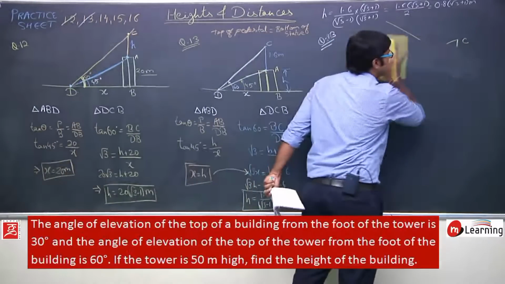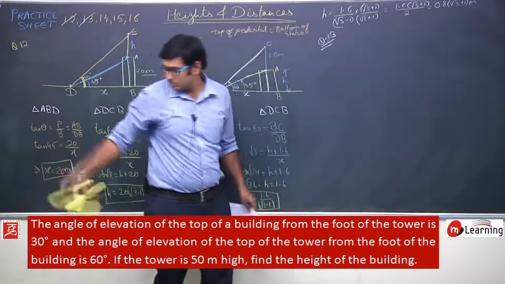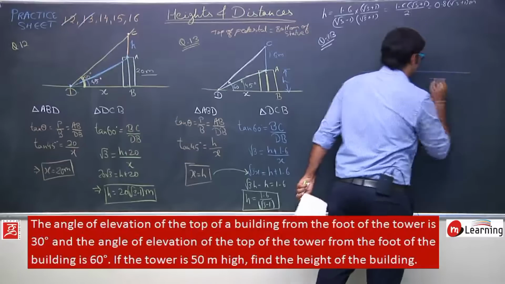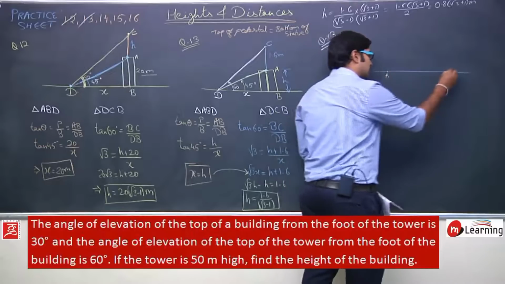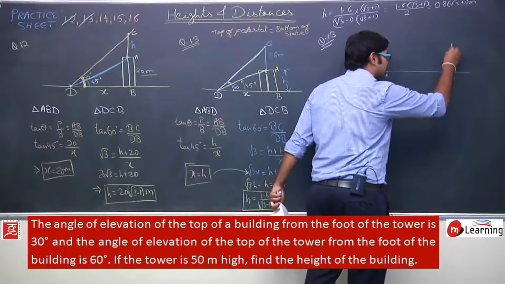Let me draw the diagram again. This is the ground level, and this is the point A and this is the point B. Let us say this is the height of the building.